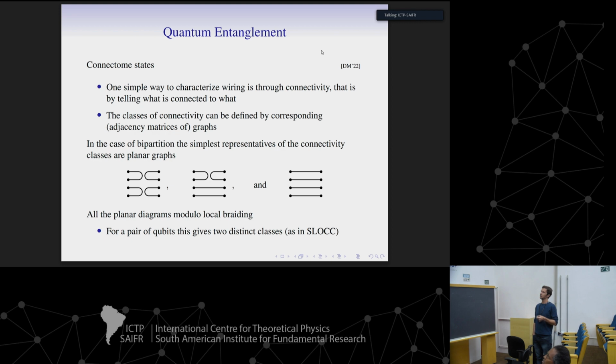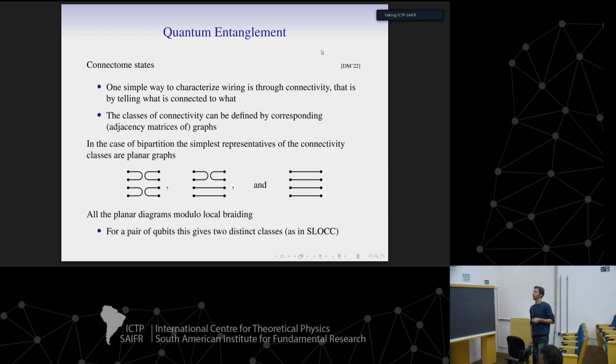In principle, there is a possibility that there's a third possibility here. You can actually consider all different braidings of these diagrams, but first, I'm not interested in local braiding. If I just apply braiding on the left and on the right of this diagram, that's a local transformation. A local unitary doesn't change entanglement, so I can mod out all these kinds of transformations.